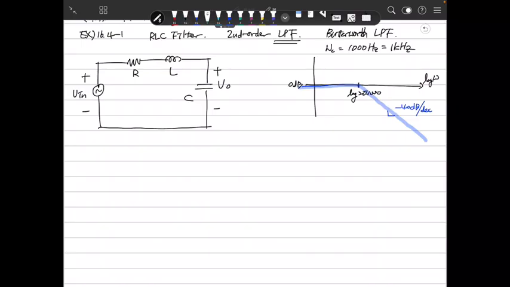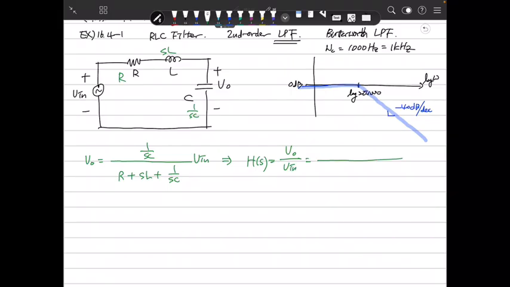That will be R, SL, and 1 over SC. So V out will be the impedance drop of the capacitor: V out equals 1 over SC divided by R plus SL plus 1 over SC, times V in. From here, we get the transfer function. H(S) is V out over V in, and that simplifies to (1 over LC) divided by S squared plus R over L S plus 1 over LC.